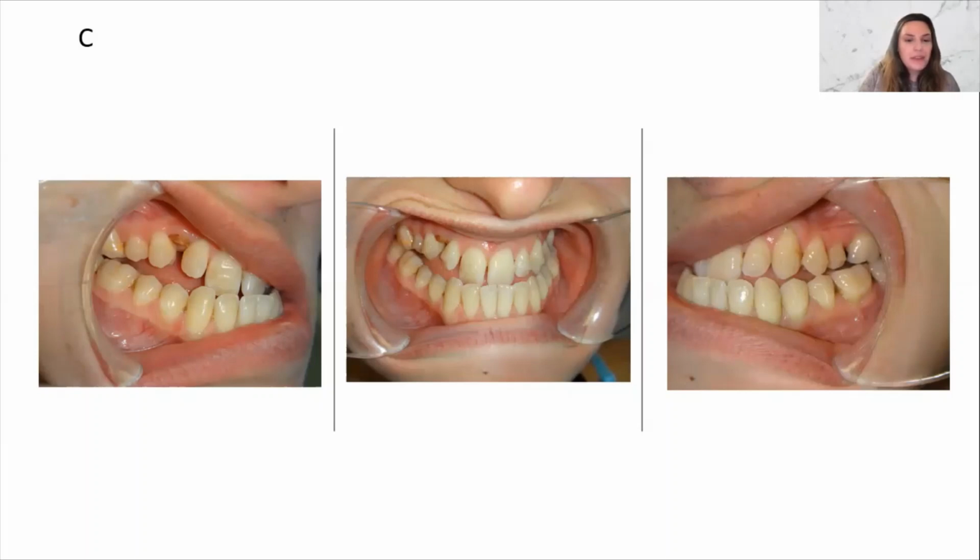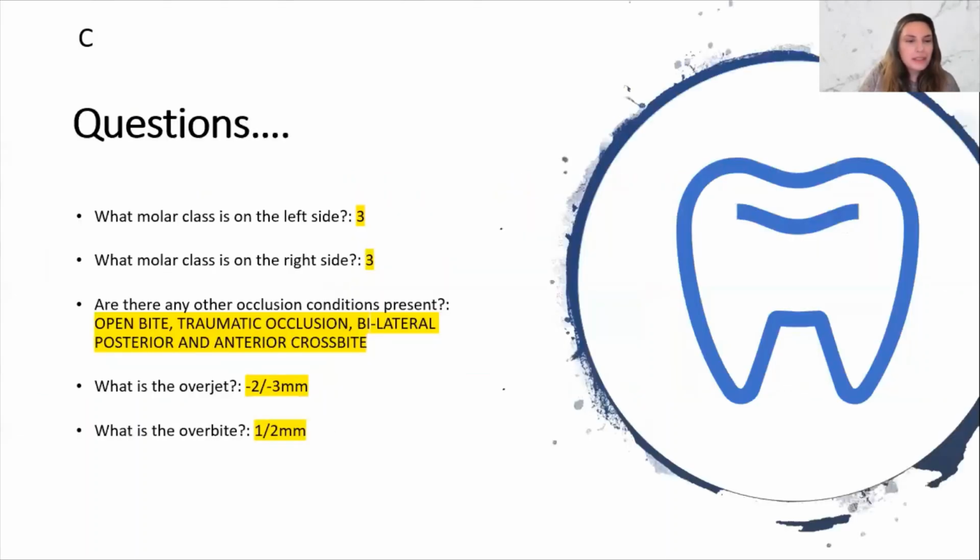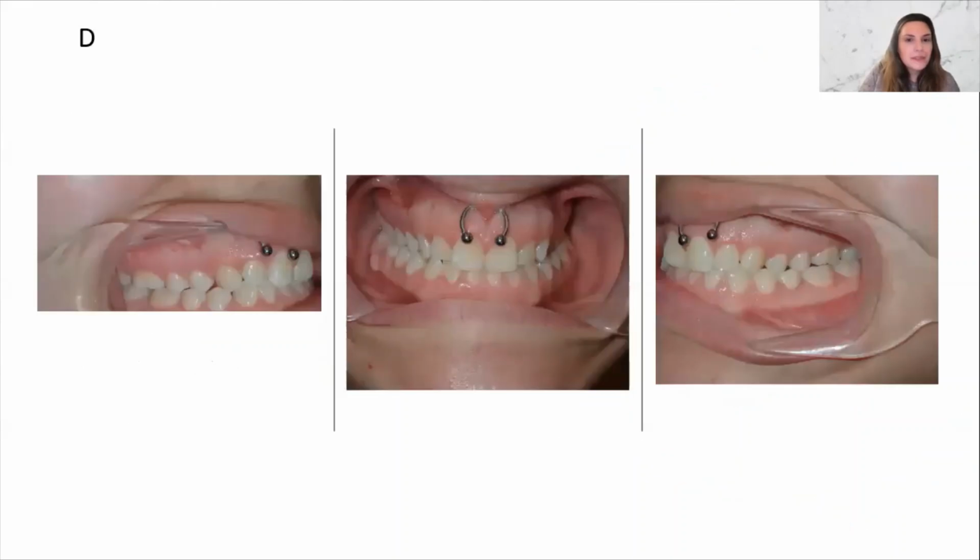All right, so we have one more. It's interesting. Now, she does have an oral piercing. Can anyone tell me what are some of the risks involved with having an oral piercing, especially one having a ring like this? It will cause gingival recession in that area.